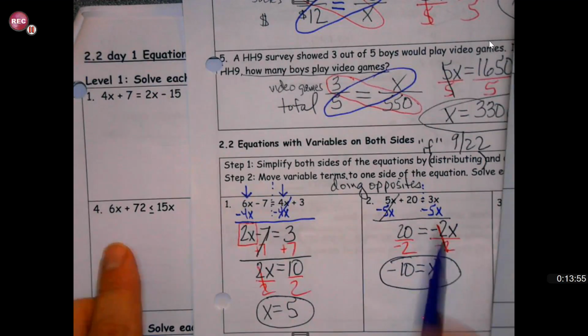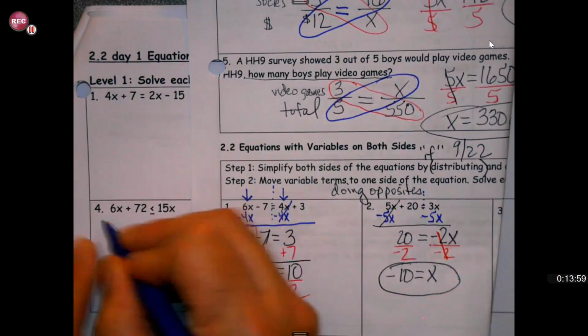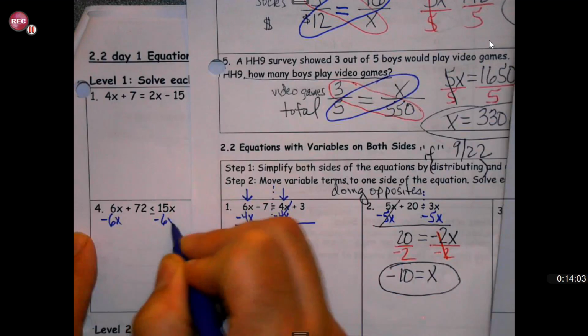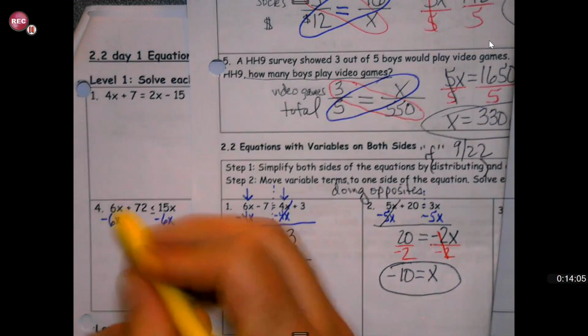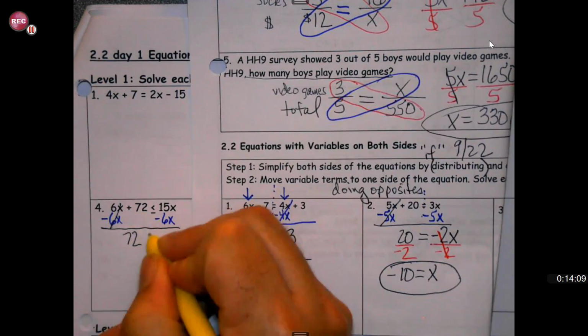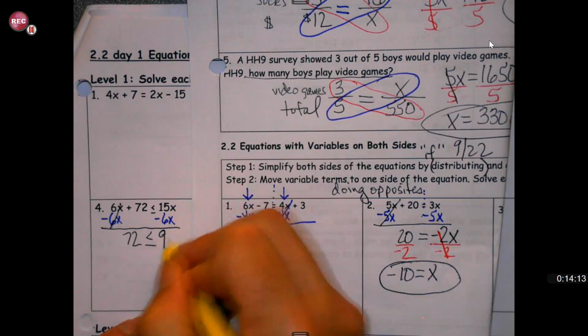So we were getting all the x's over to here. So I want to undo this. So I'm going to undo the positive with a minus 6x. 15 minus 6 is 9.